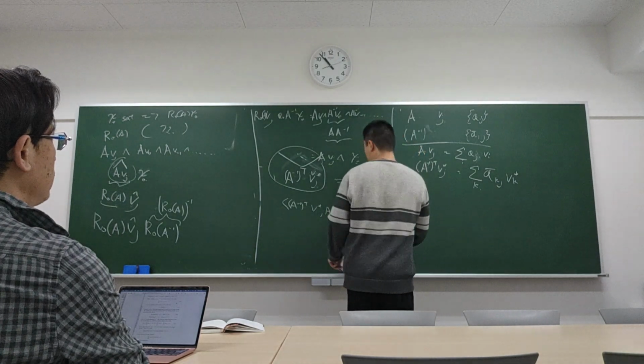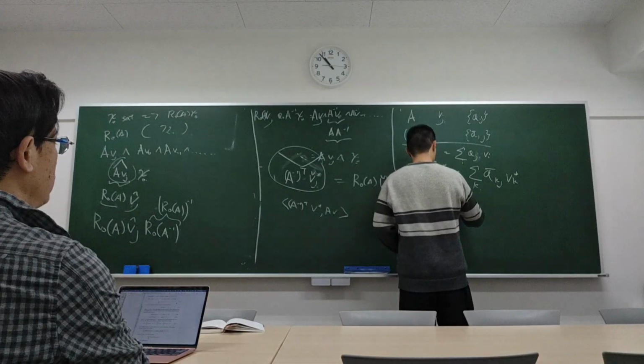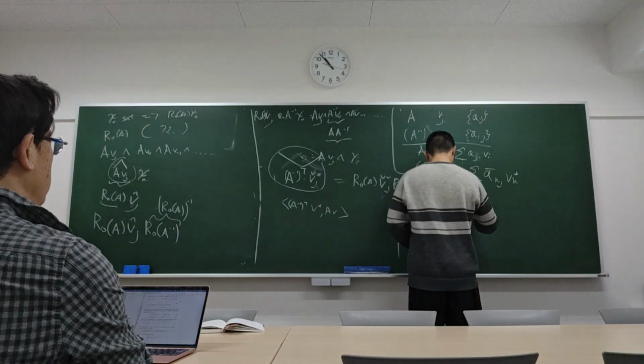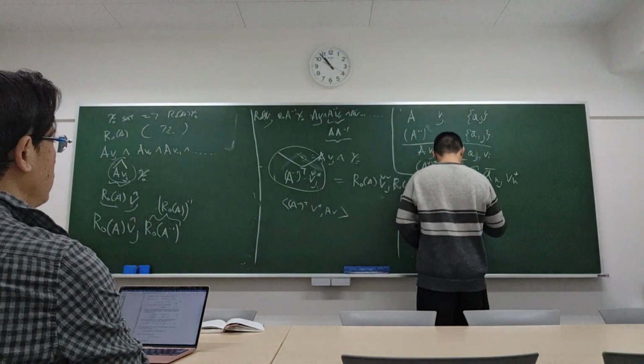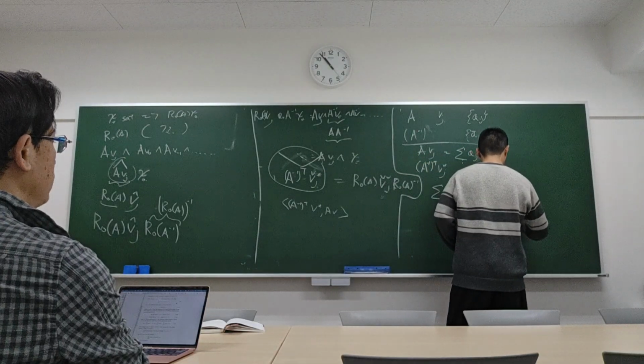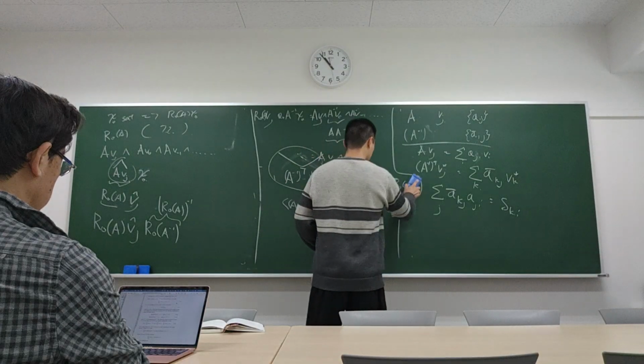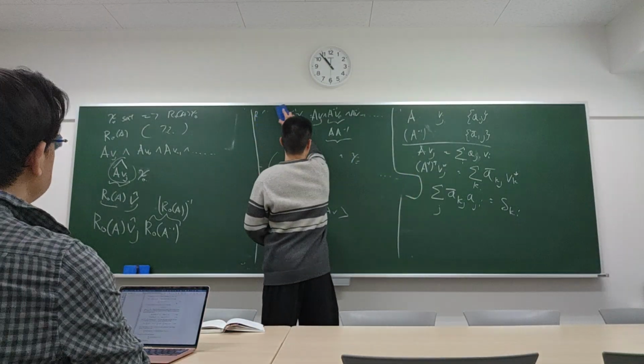And of course, given that we have the relation here, then the sum of a bar kj aki, sum over j, is exactly delta ki. Okay, and we will sub this relationship into the whole equation.